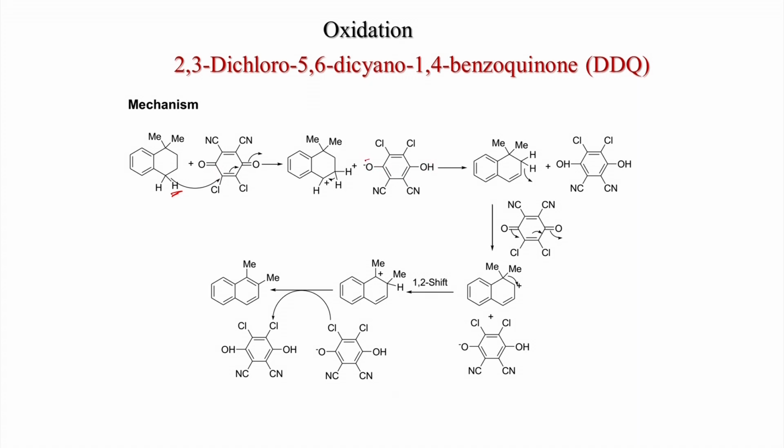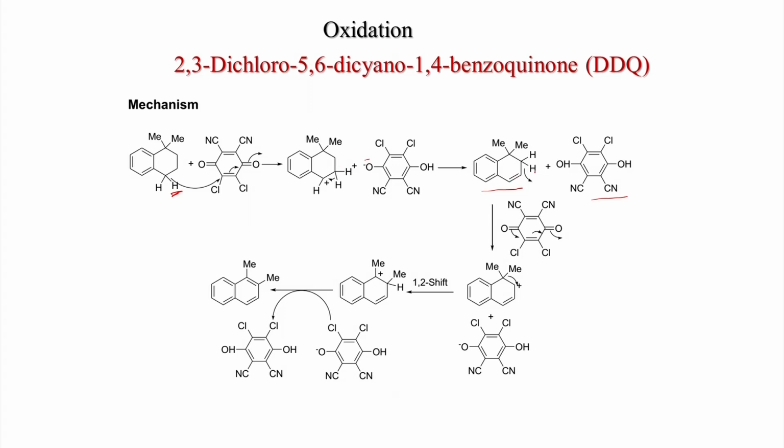So, O minus is generated, and now this O minus will react with one hydrogen here, because this is a carbocation. Like we have seen the olefin formation, this H plus will be taken by the O minus, and you get this neutral compound hydroquinone, and this compound is formed. So, a double bond is first generated.